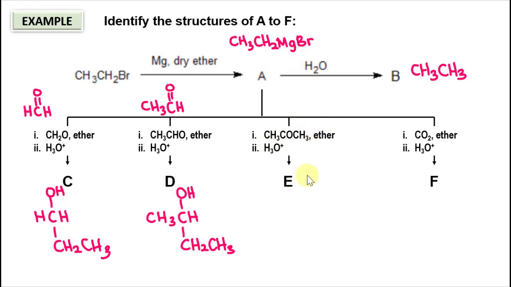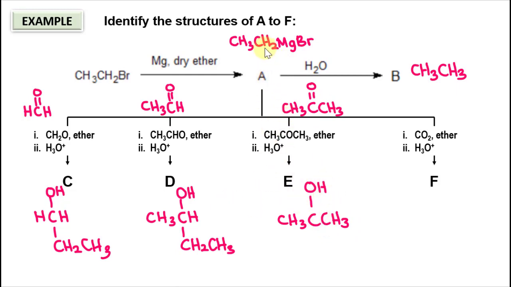Next, we have a ketone. We have CH3 C double bond O CH3. So it is a ketone. Same as before, I'll just start with the ketone. So CH3 CH3, the C double bond O, change it into C single bond O and then put hydrogen beside it.